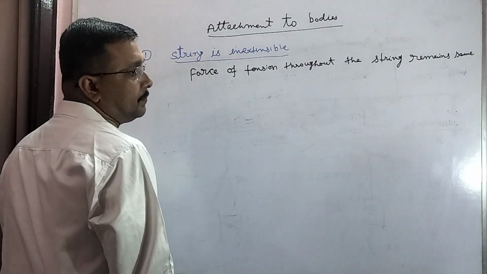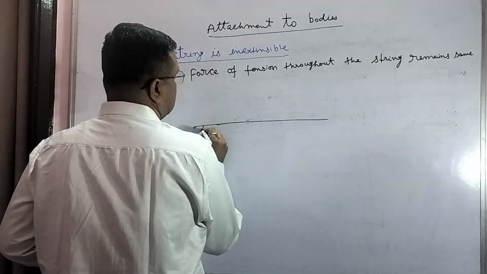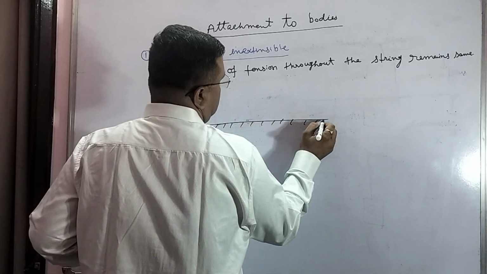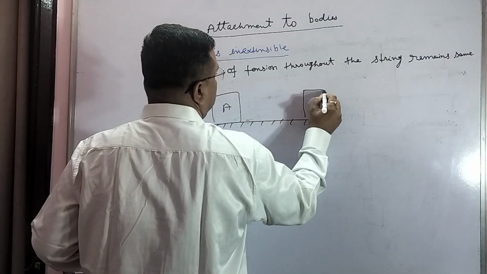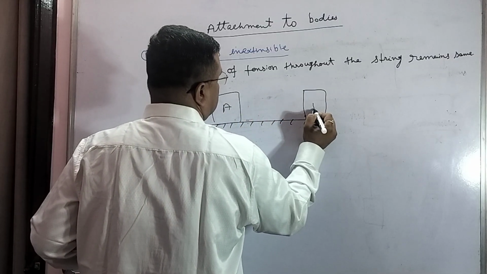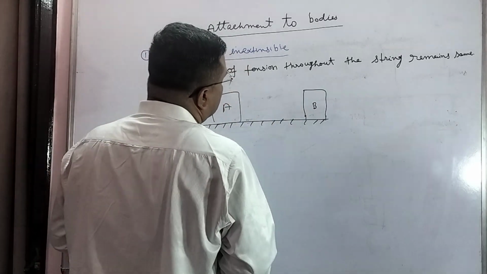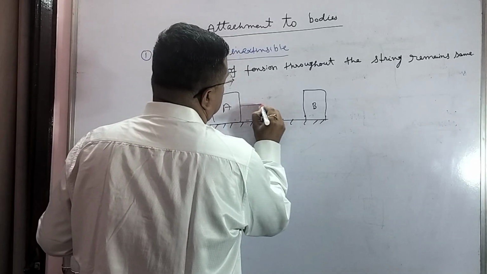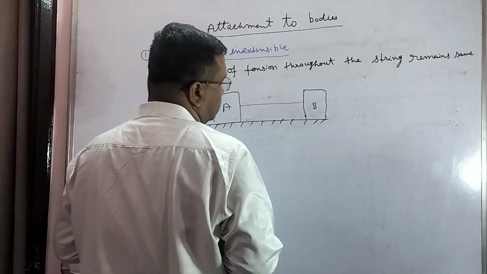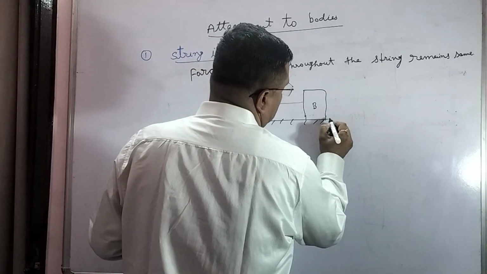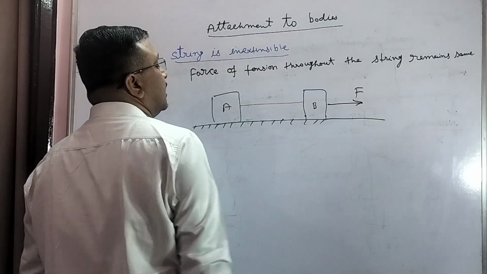Meaning that, suppose this is a surface, here is a block A, here is block B, it is connected via a string, and now suppose a force is acting on block B in this direction.